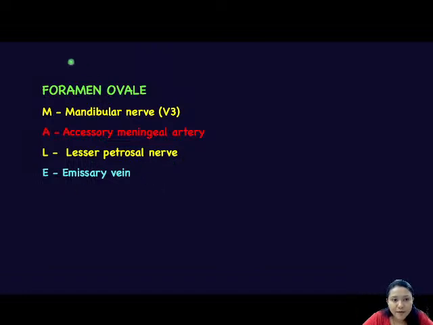This is a very hot mnemonic for foramen ovale, that is MALE. You have to remember this mnemonic because many questions are going to come on the contents of the foramen ovale.